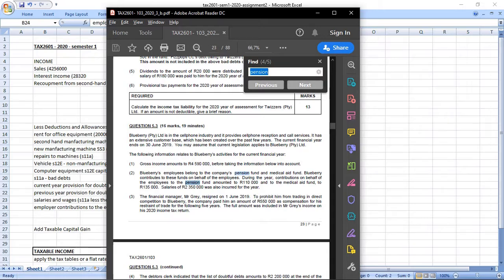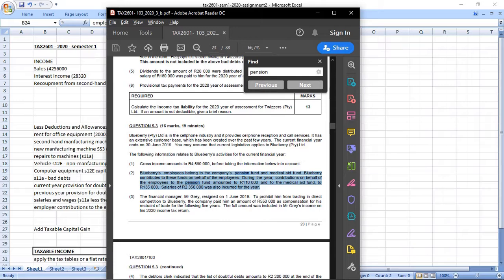Let's look for more. Here. Blueberry's employees belong to a company's pension fund and medical aid. Blueberry contributes to these funds on behalf of the employees. During the year, contributions on behalf of the employees to the pension fund amounted to that, and the medical fund amounted to that. So you can clearly see in this question, 5.3, you had pension contributions on behalf of the employee.